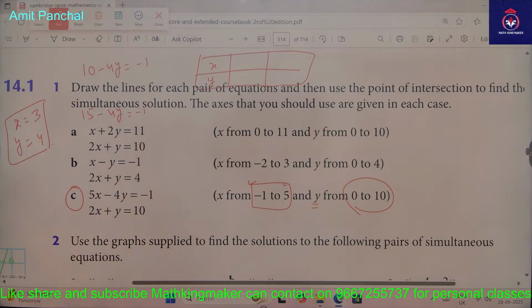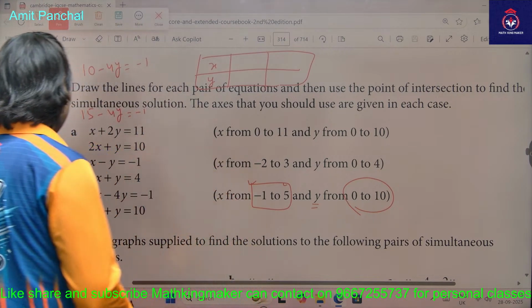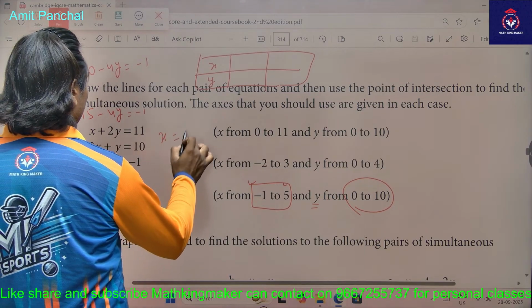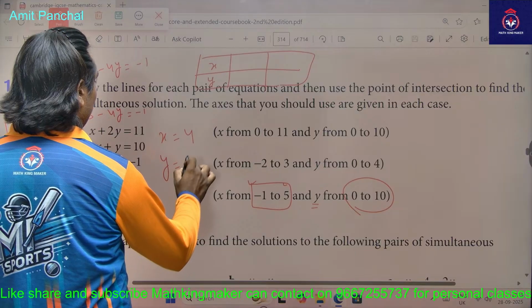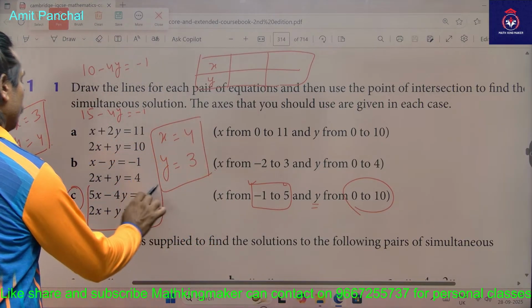I have got the values. What values you got? So they intersect at the point x is 4 and y is 3. Okay, just verify it with both the equations.